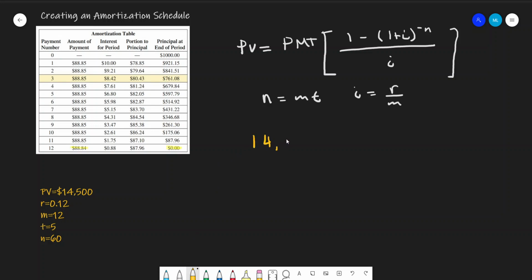So we know that in this case, 14,500 is the amount that was borrowed, but we don't know the size of the payment.